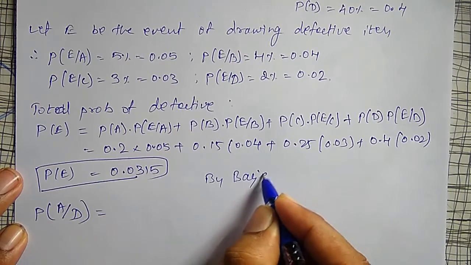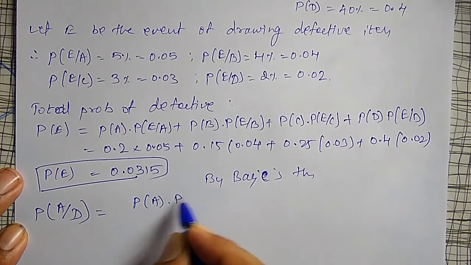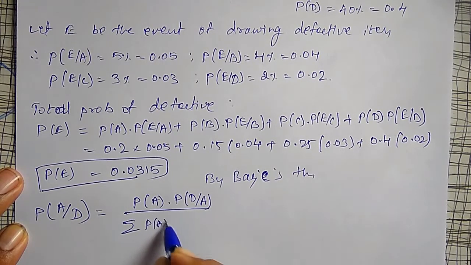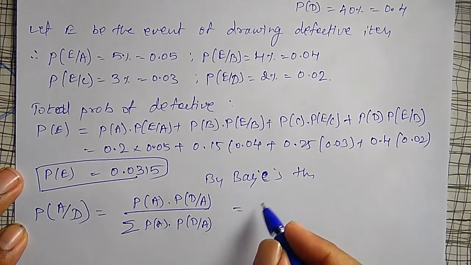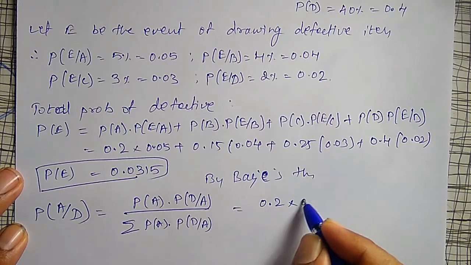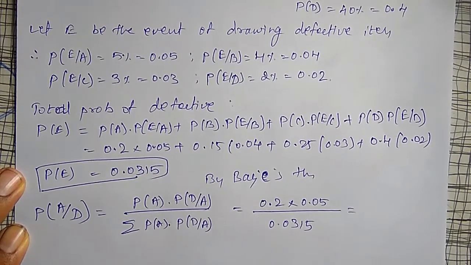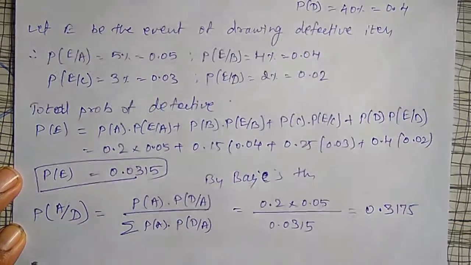By Bayes theorem, probability of A into probability of E relative to A divided by the summation, the total probability. That is, probability of A 0.2 into 0.05 divided by 0.0315. It comes out to be 0.3175.